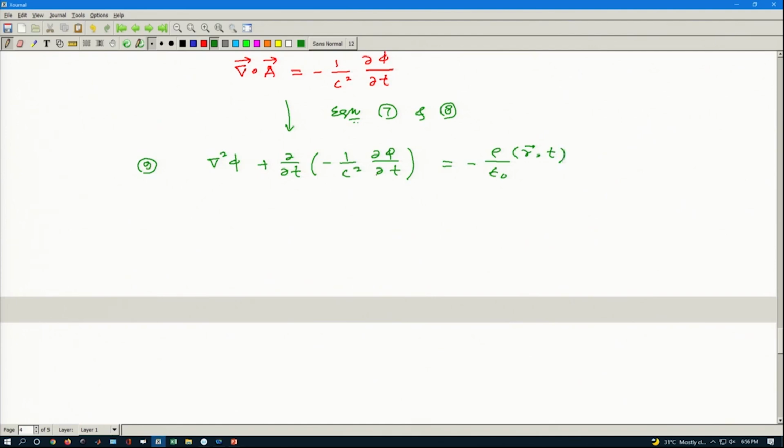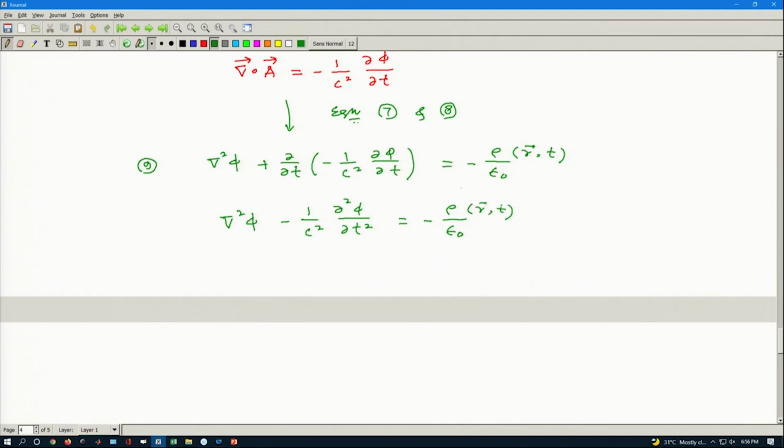Now, you can see that this has a very well known form: del square phi minus 1 by c square d 2 phi dt square. This is nothing but the wave equation with a source term, minus rho by epsilon 0, r and t.